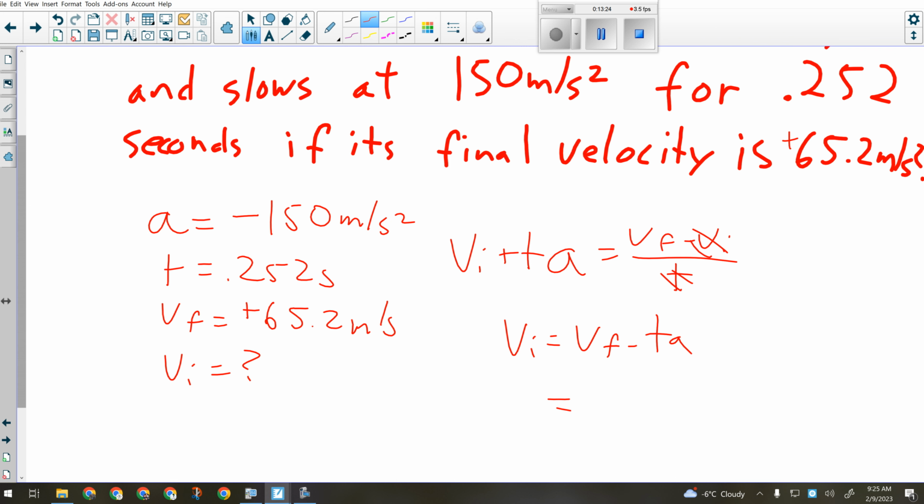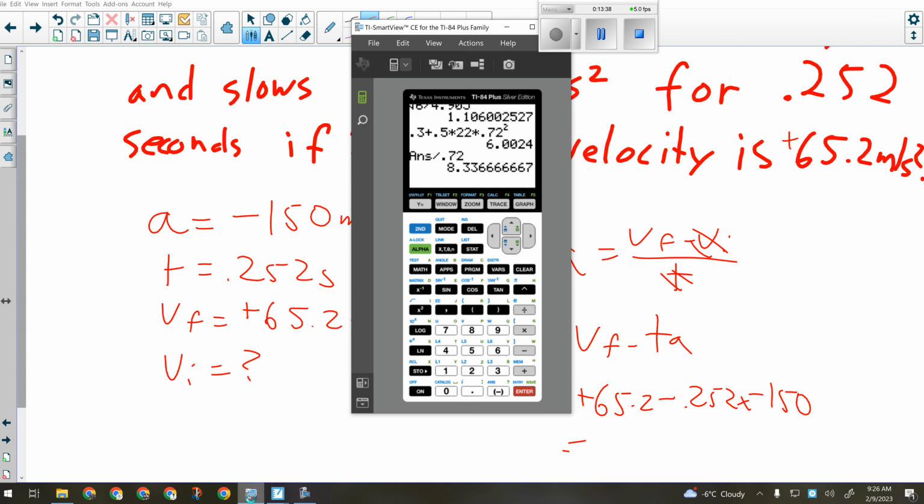So that'll be positive 65.2 minus 0.252 times negative 150. Not plus, minus 0.252 times negative 150. Okay, is that a very fast bullet?